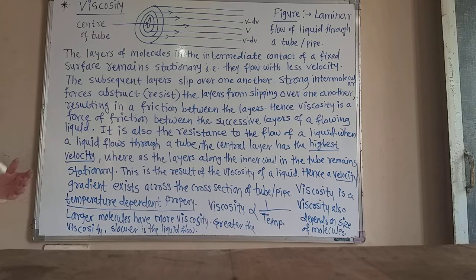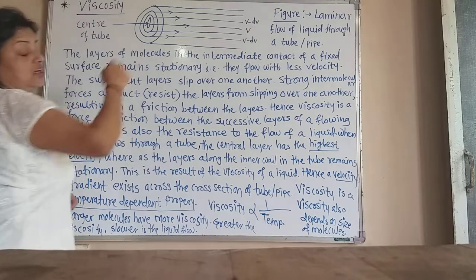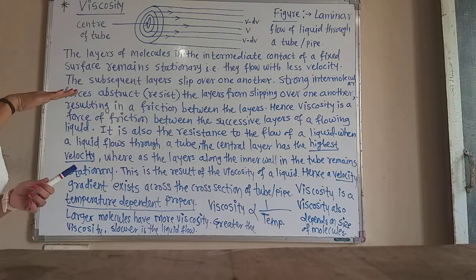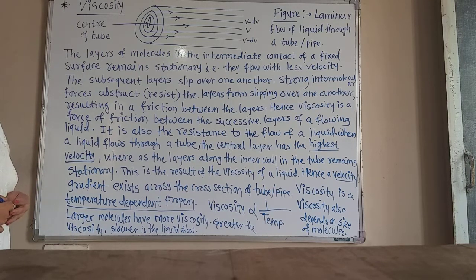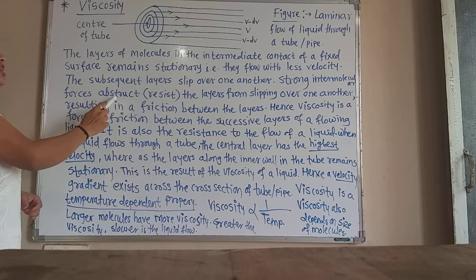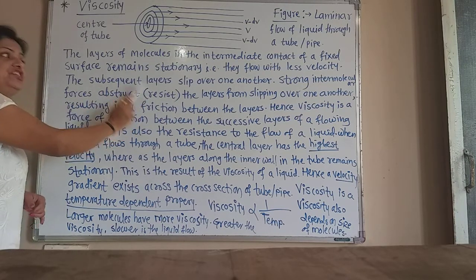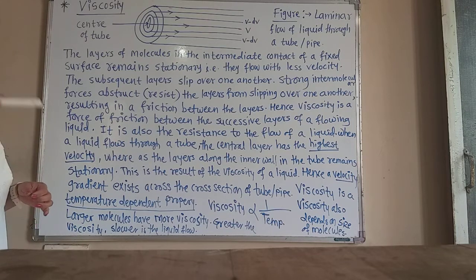The layers near the fixed surface flow with less velocity because they are stationary, and the subsequent layers slip over one another. But if strong intermolecular forces are present in the liquid, then those forces resist the layers from slipping over one another.